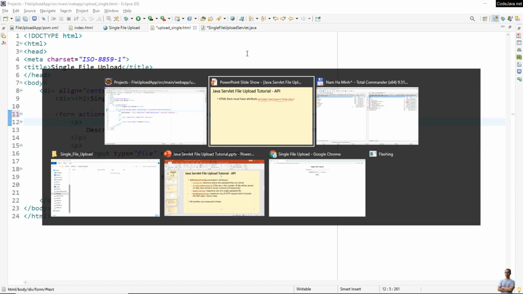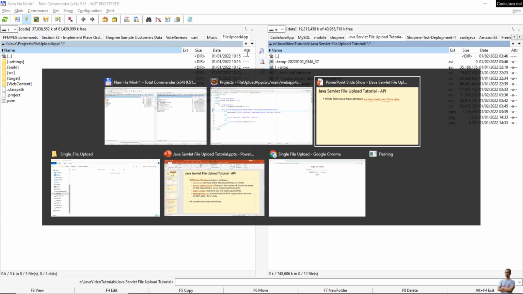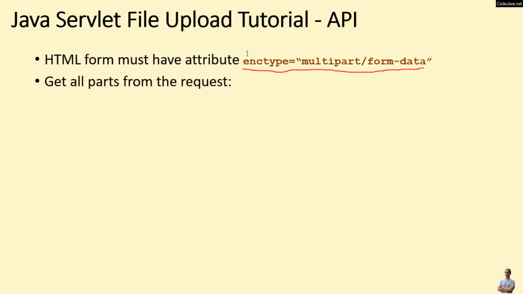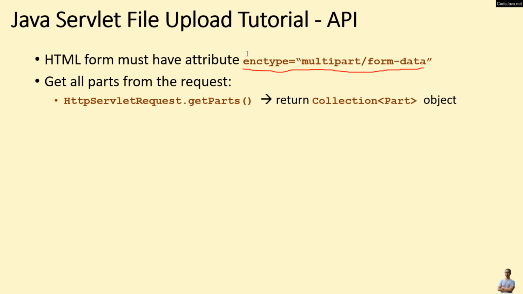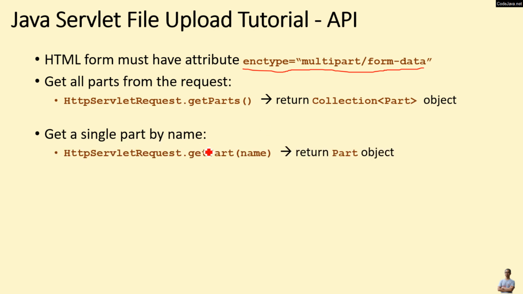Okay, and then in the Servlet class, we can use the API of the Servlet class here. To get all parts from the request, we can use the getParts method of the HttpServletRequest object. It returns a collection of Part objects, and you can also get a single part by name like this using the getPart method and specify the name of the part, and it returns a Part object.